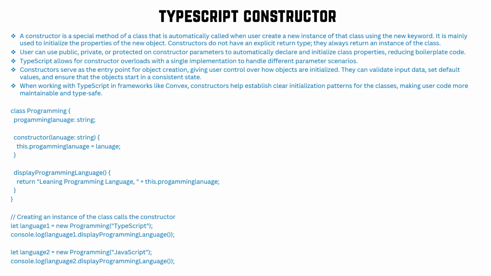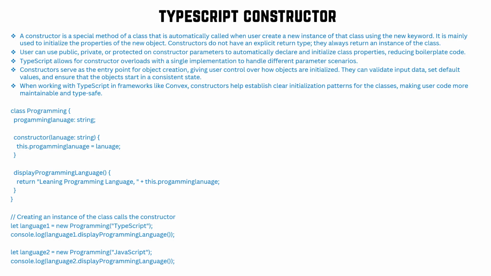So the user can use public, private, or protected on constructor parameters to automatically declare and initialize class properties, reducing boilerplate code. TypeScript allows constructor overloading with a single implementation to handle different parameter scenarios. Constructor overloading is also possible, similar to Java.